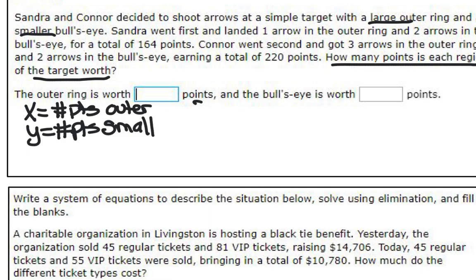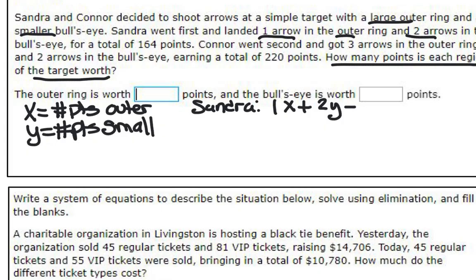Okay, so Sandra, let's write her equation. She had 1 in the outer, so 1 times the number of points for an outer plus 2 times the number of points in the smaller region.